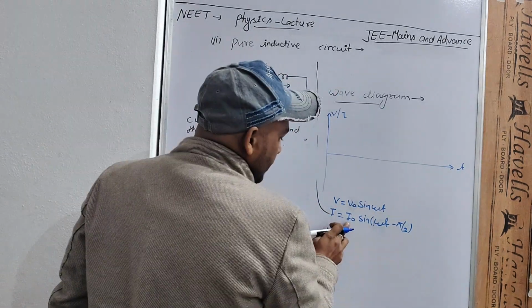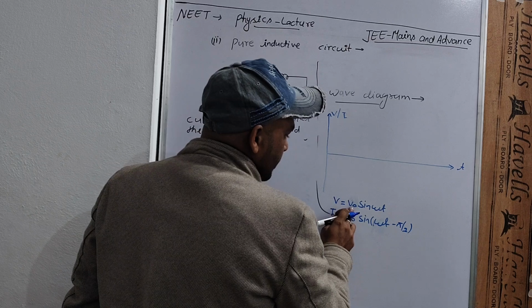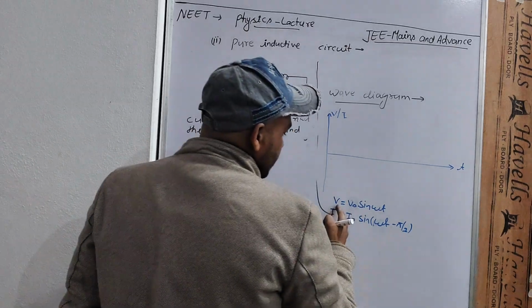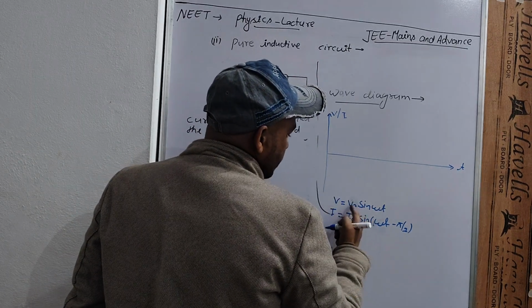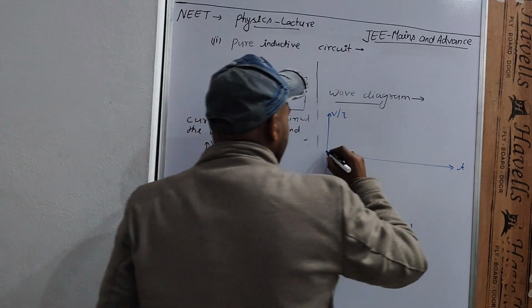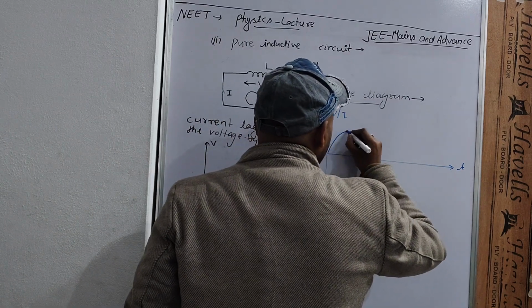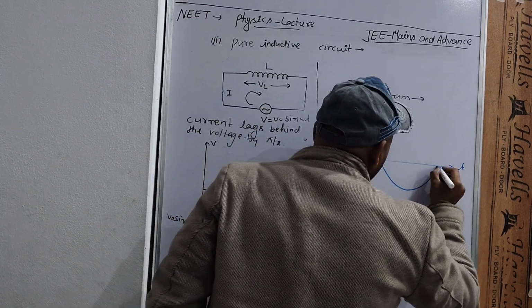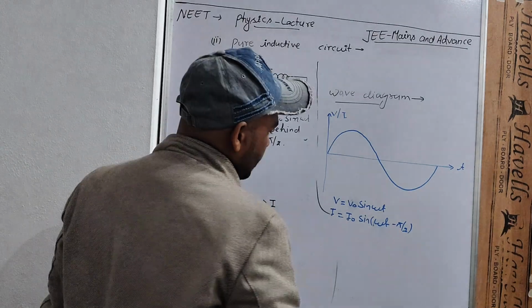Hence, as you know, the value of I naught will be less than the value of V naught. Then the graph of voltage will be sinusoidal like that for one complete cycle.